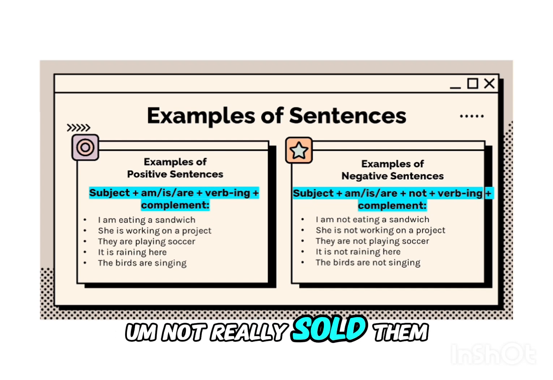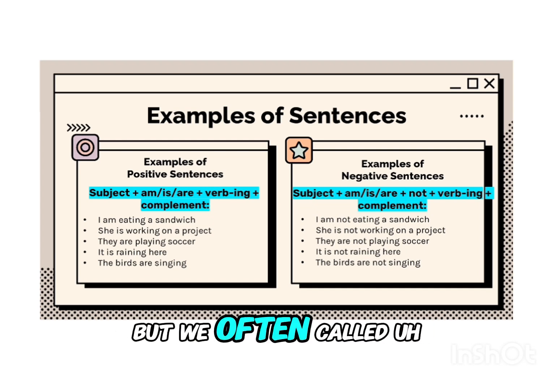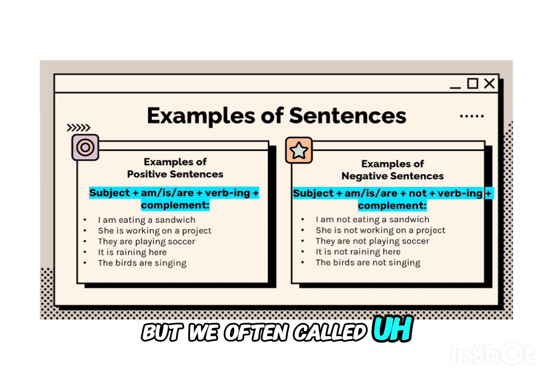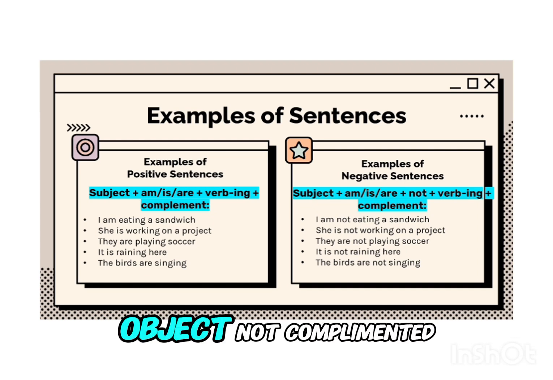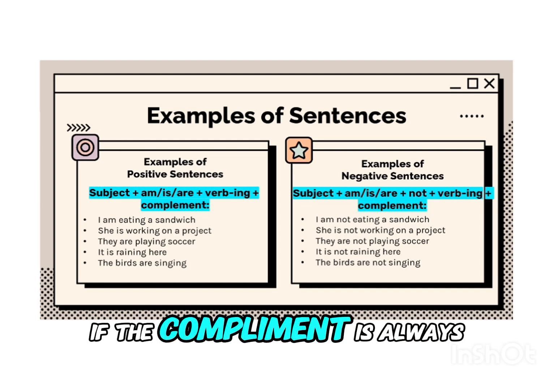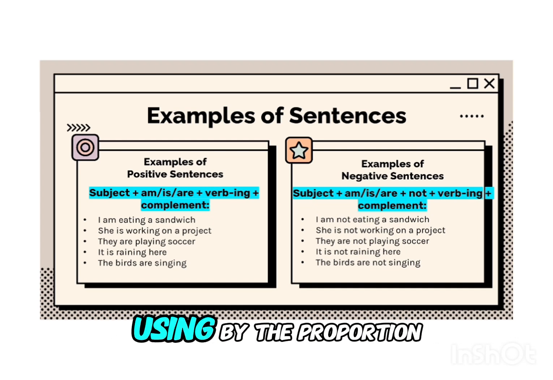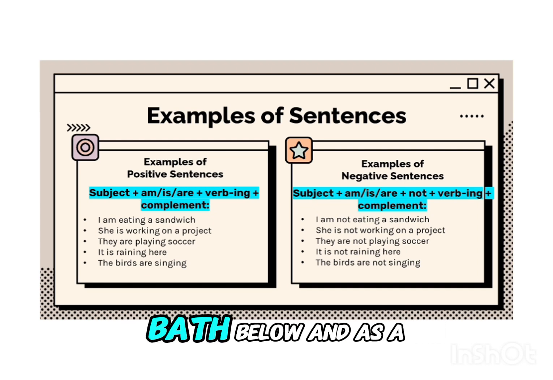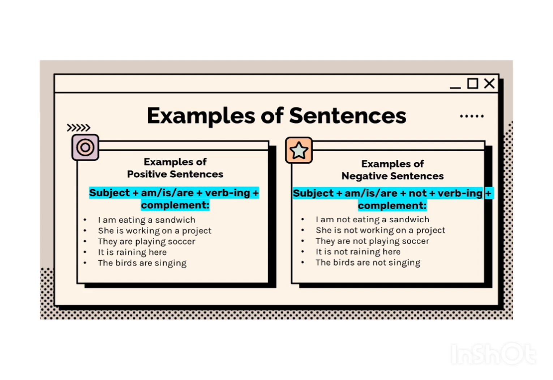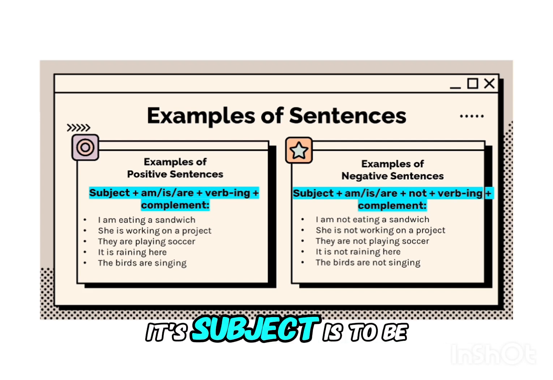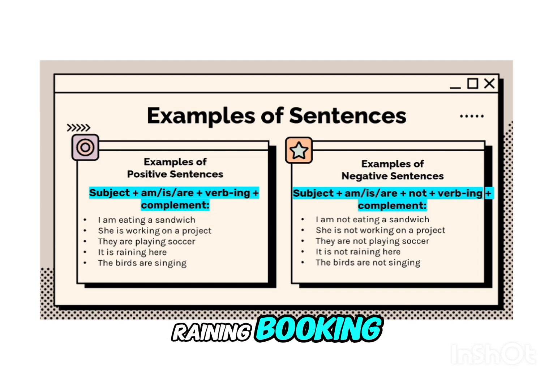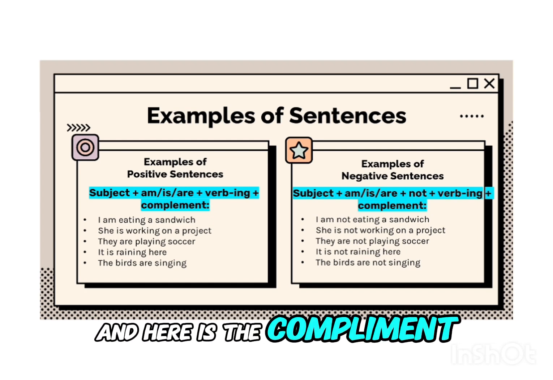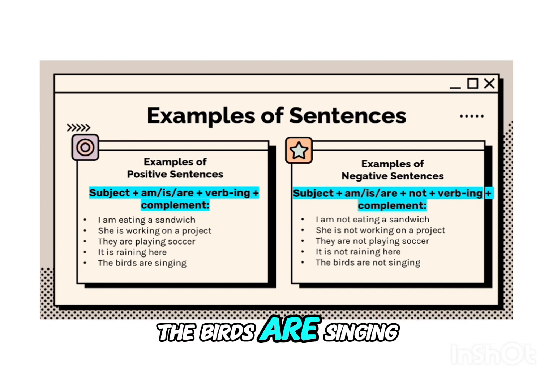Not really seldom, but we often call it object, not complement. If the complement is always used with a preposition like on, in, above, below, and etc. And it is raining here. Its subject, is to be, raining verb-ing, and here is the complement. The birds are singing.